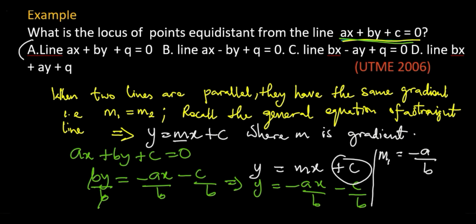If you look at all our options, the one that will have the gradient, or slope, equal to minus a over b should be option A.